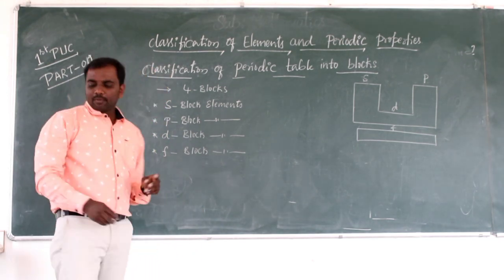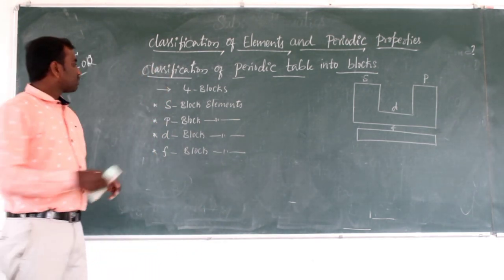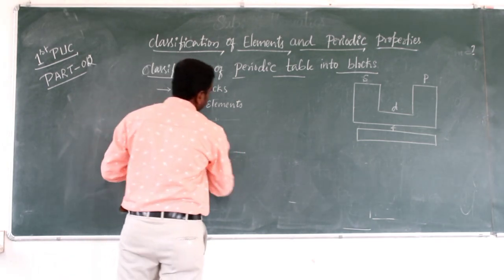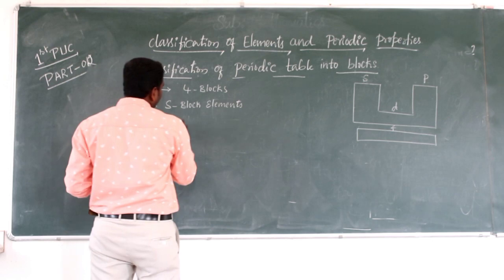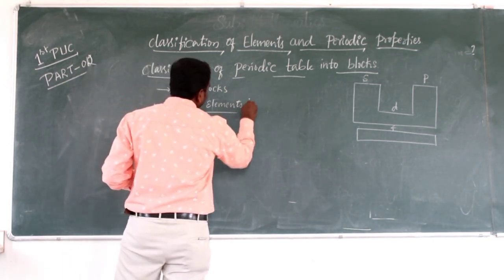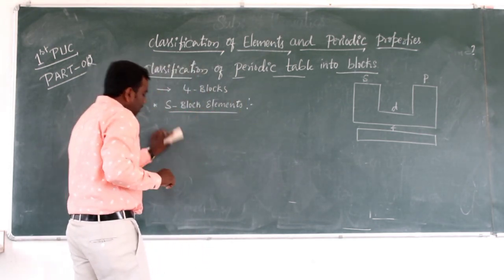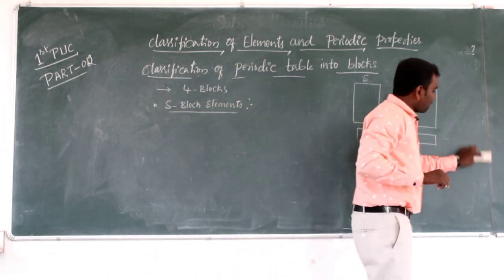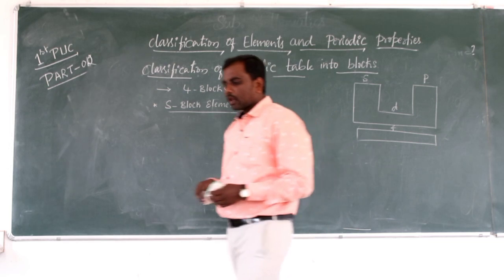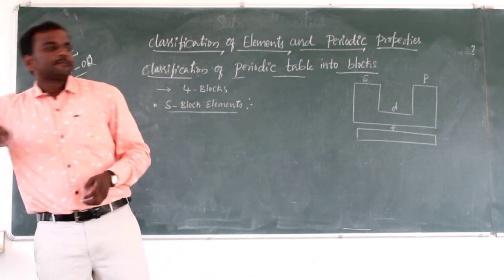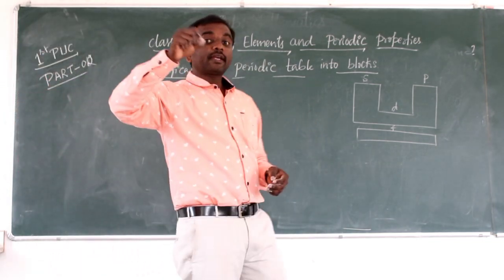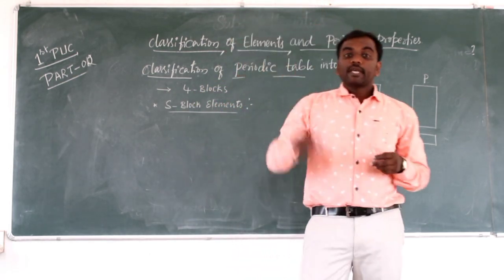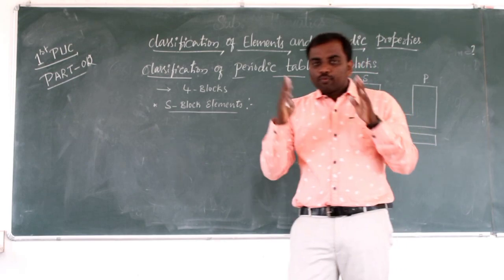Okay. First we move on to S block elements. See, what are S block elements? Here S block elements are important. S block elements means in this block, the differentiating electron enters into the S orbital of the valence shell.